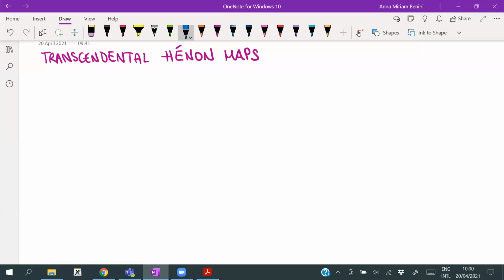So today will be a mini course about a specific type of map, F, which goes from C2 to C2. And our map will have the special form F of (z, w), where z and w are the two coordinates in C2, equals (f(z) plus minus delta w, z).